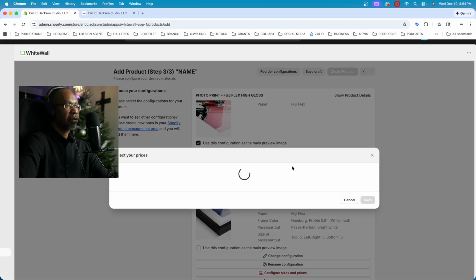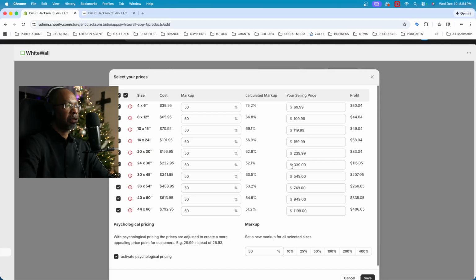Okay. So let's say that you come to an image that's already created, it's already in your Shopify store. You just want to change the markup or your profit margin on here. Now, let's say that 3 months ago, you added this particular image to your store, and across the board, you set everything at 25%, right? Let's just, for example, okay?